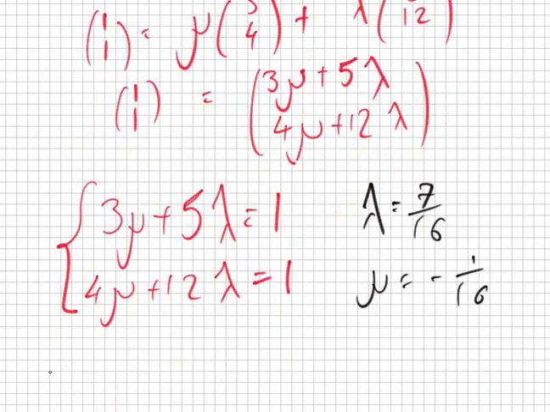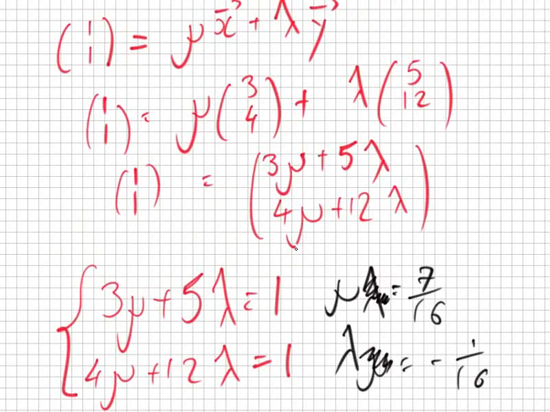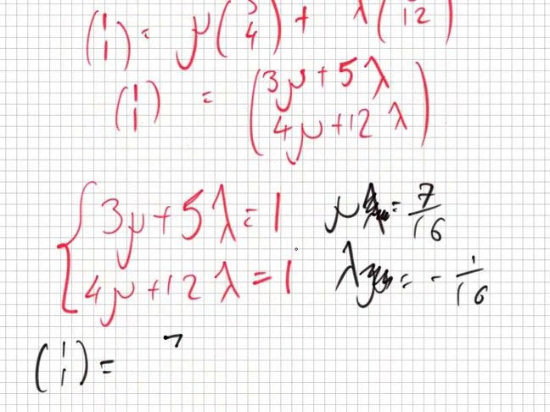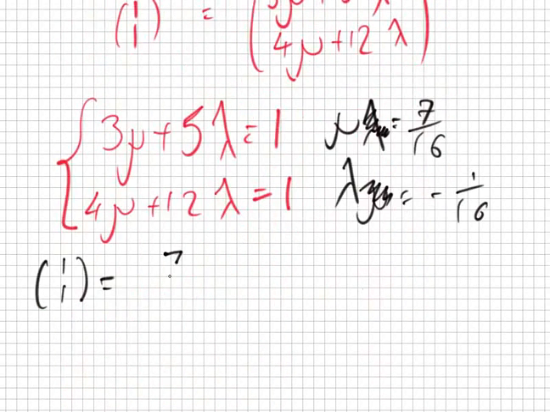So you get the result vector (1, 1) is equal to 7, oh wait, sorry, that's the other way around. Mu is this one, lambda is this one. Lambda is on my y, mu is on my x, okay. So you get 7 over 16 x vectors minus 1 over 16 y vectors.